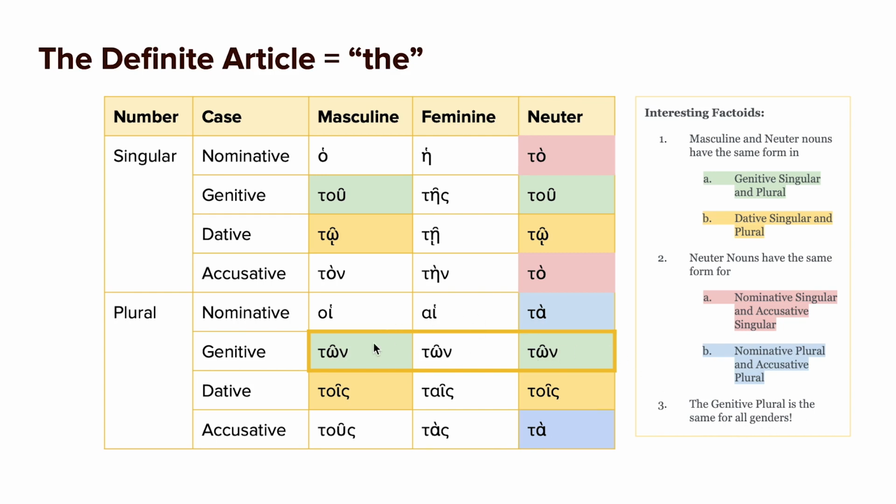So of the boys, of the girls, of the children, the article in those examples is always ton.